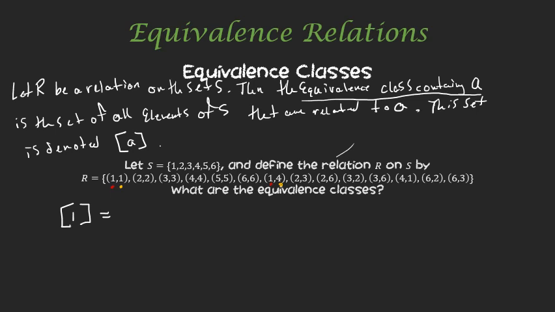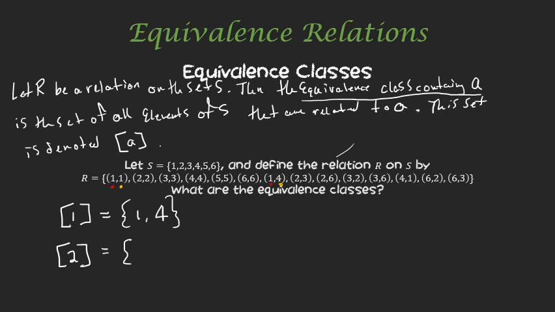And then the equivalence class containing 1 is the set of all these guys that 1 is related to. So in this case, 1 is related to itself, so 1 is in there. That'll always be true because it's reflexive, hence the wording equivalence class containing 1. And then 1 is also related to 4, and so 4 is in that equivalence class. How about the equivalence class containing 2?